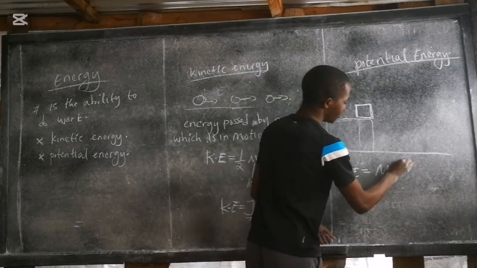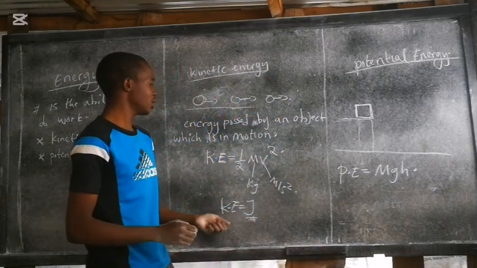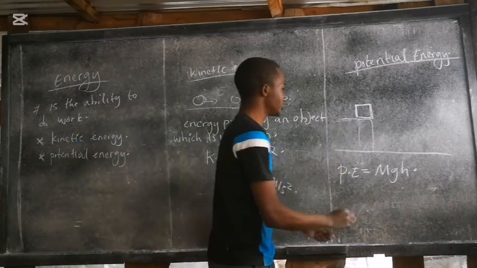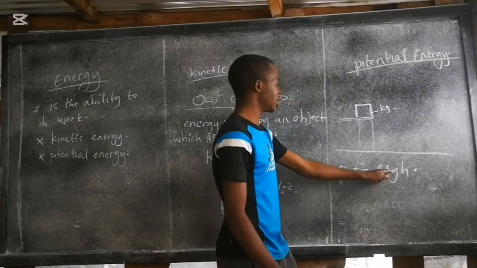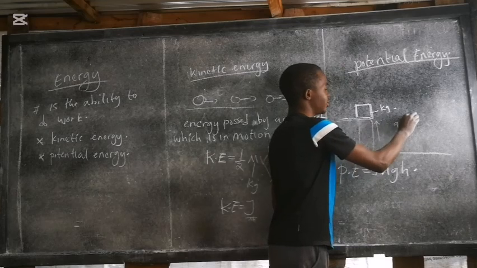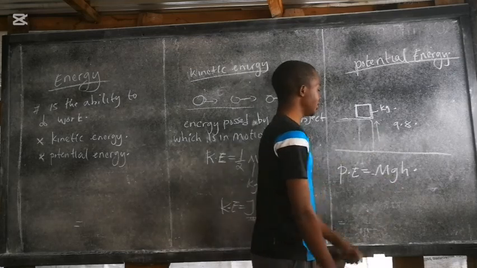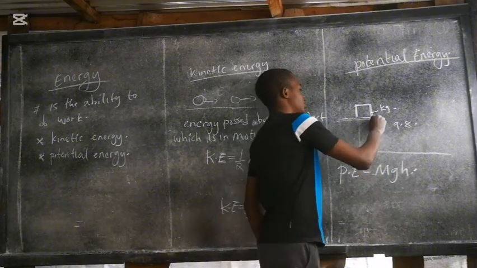mgh. That is the formula for potential energy. The mass should be in kg. Then gravity, which we know here is 9.8. Sometimes you need to know the height, which is the height of this cliff.